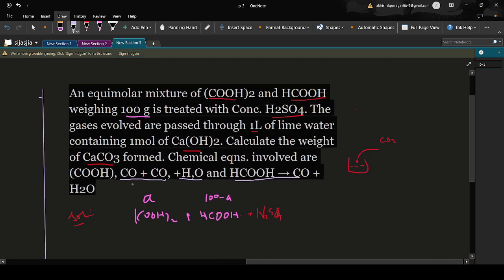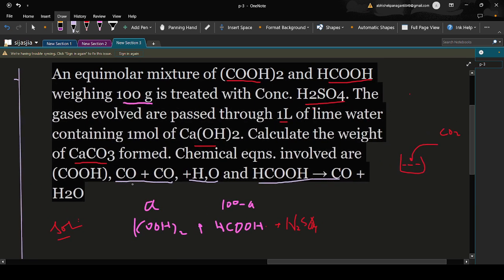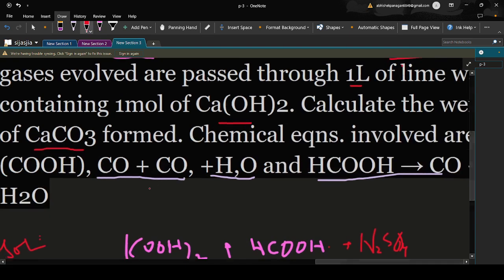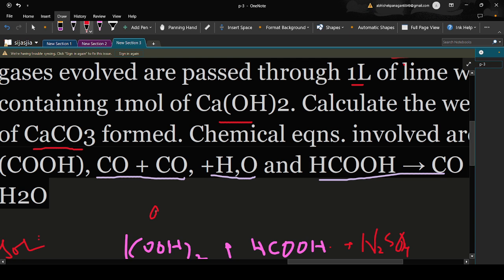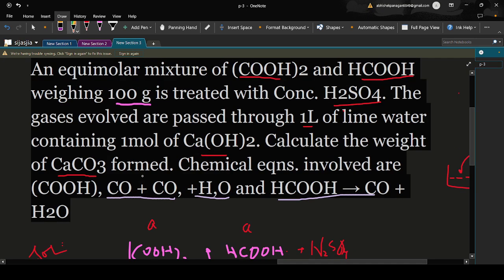Let's see what it is. Let me now assume the equimolar amounts: let's assume this to be A moles, and this also to be A moles. Now we go back to the question.